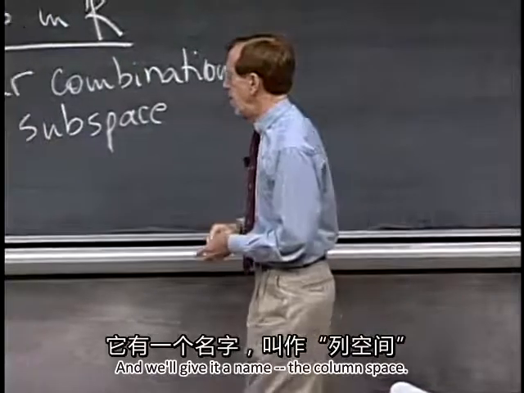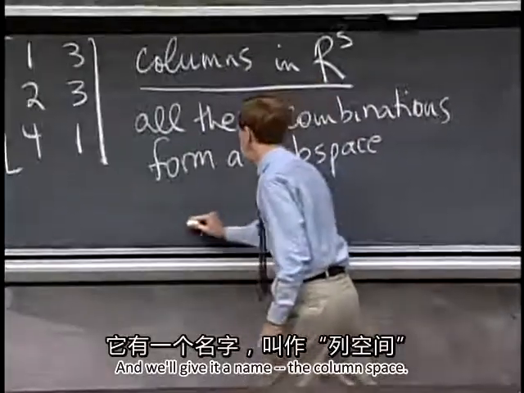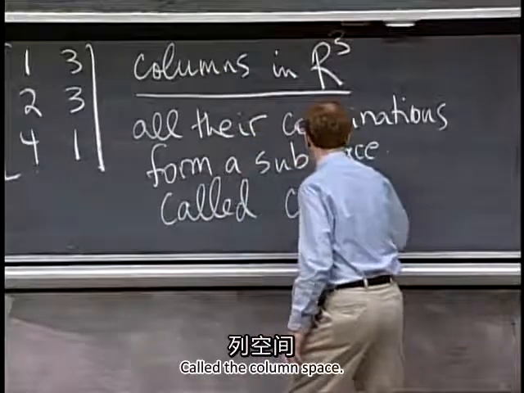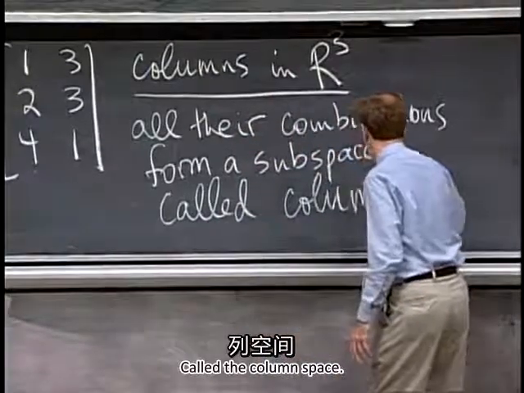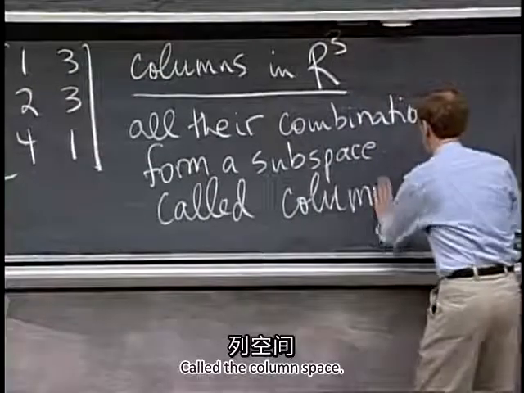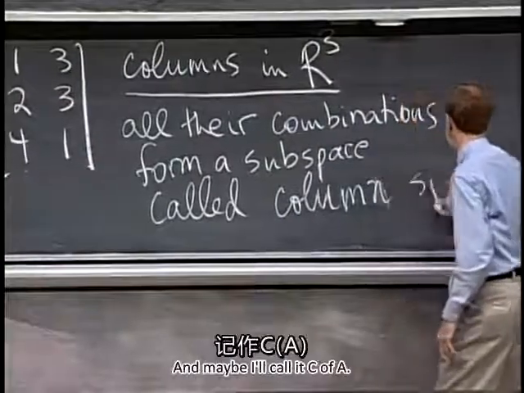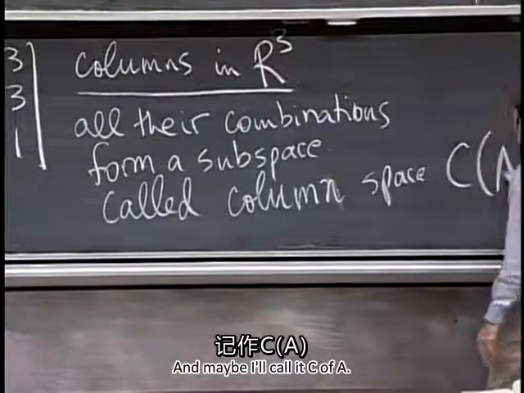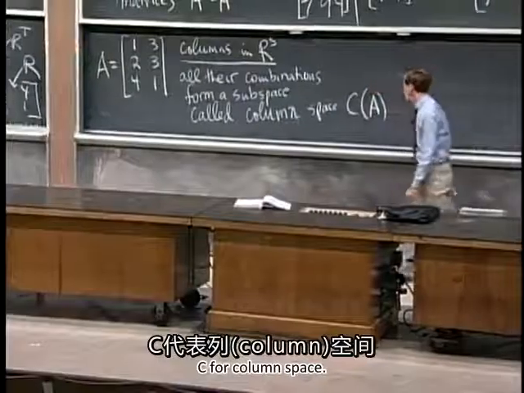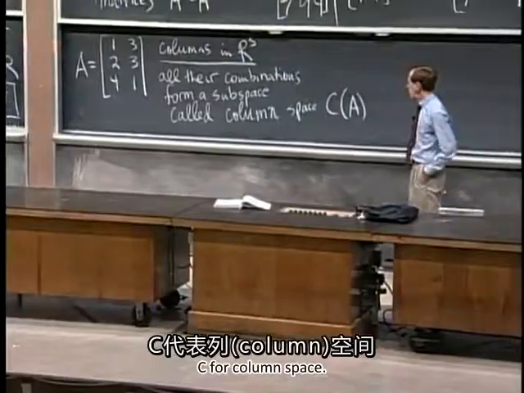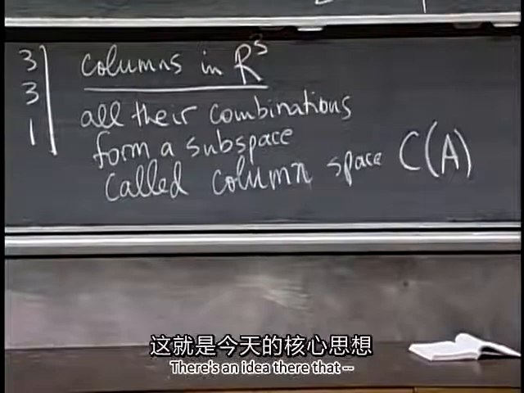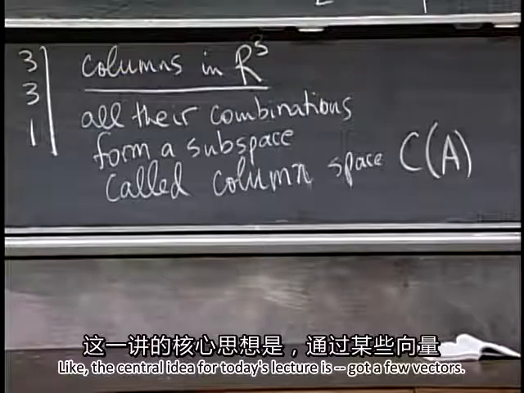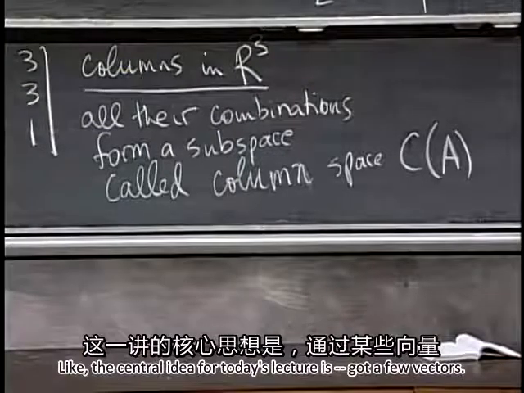And we'll give it a name, the column space. Column space. And maybe I'll call it C of A. C for column space. There's an idea there that is like the central idea for today's lecture.